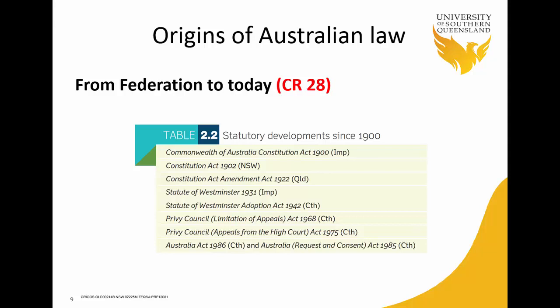So again, the Statute of Westminster Act of 1931, an act by the Imperial British Parliament, wanted to clarify the legal relationship between Britain and these dominions.